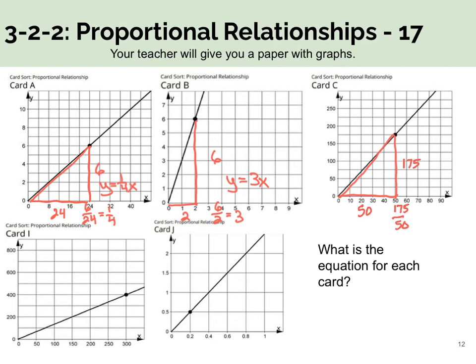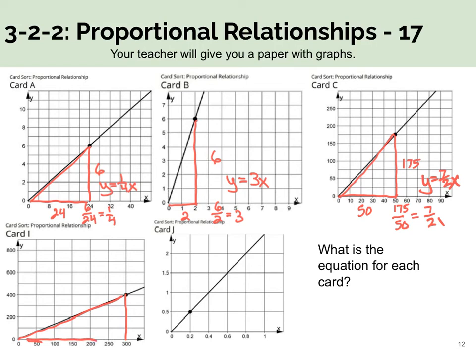We want this as an improper fraction, not a mixed one, okay? So this actually simplifies down to 7 over 2. So the equation is y equals 7 over 2x, okay? Let's go to I. What are we looking for as far as the I? So we want our vertical again.